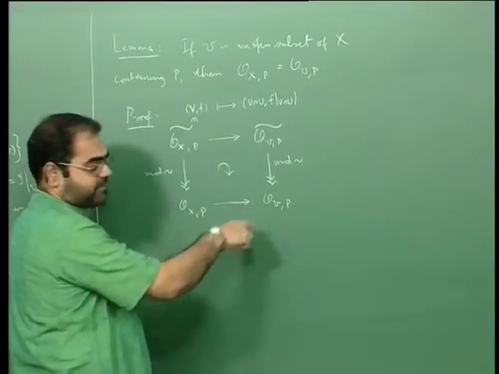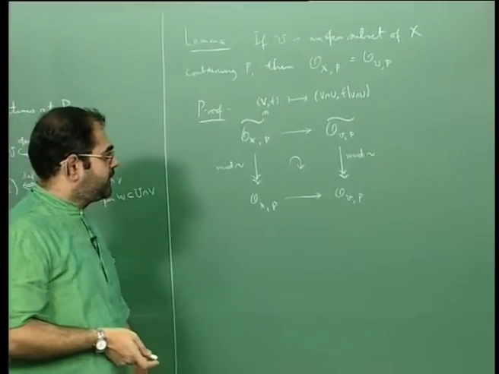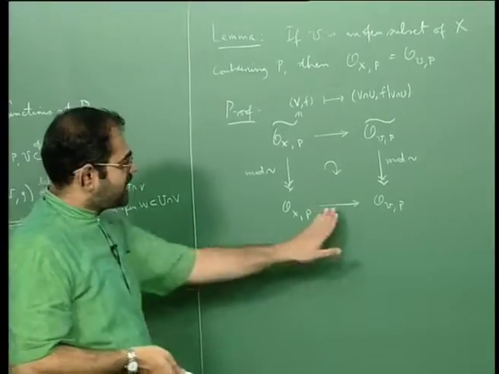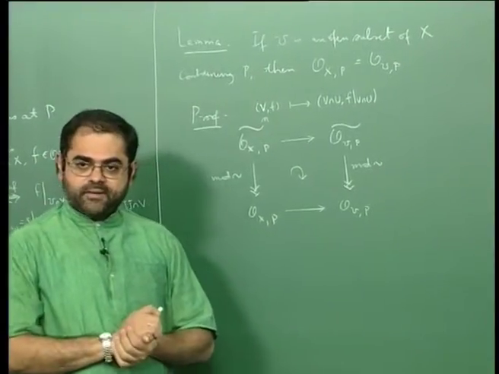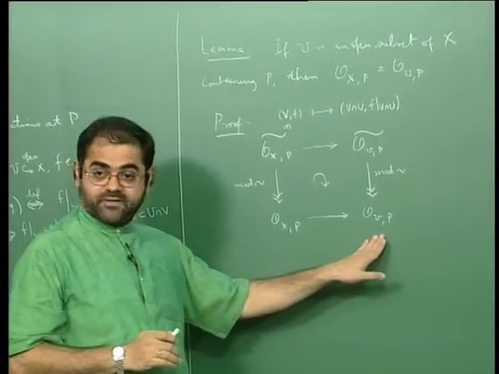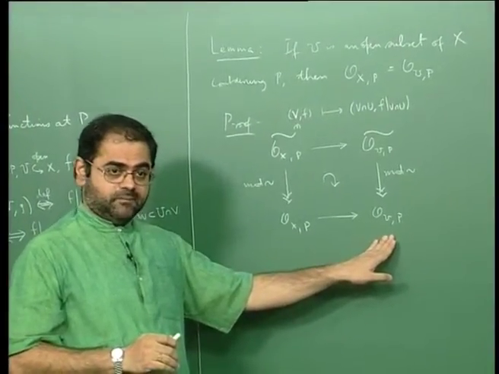And it is easy to check that this map is actually an isomorphism. In fact you can check that it is a natural identification.